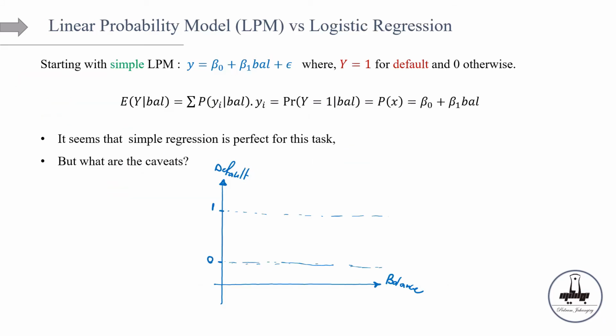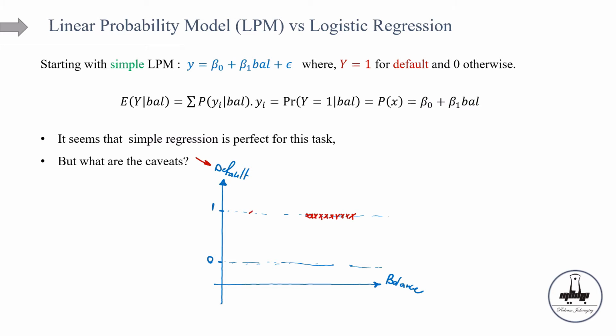We said that income is not necessarily a good variable to predict if someone is going to default or not default, right? So if we need to pick only one feature, let's work with balance. Now, if I plot the balance versus default in the real world data, how is it going to look? We will end up with many people that have high balance on their credit card and they're going to default, right?